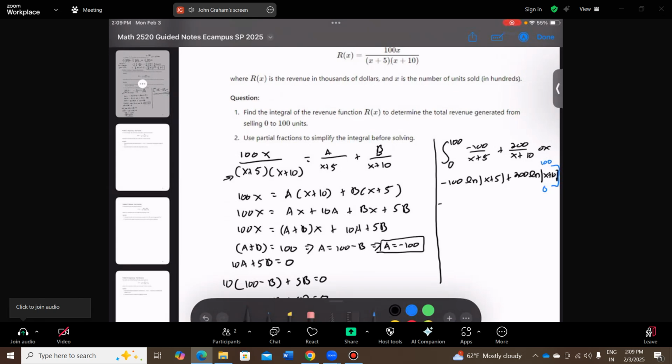So negative 100 natural log of 105 plus 200 natural log of 110 minus negative 100 natural log of 5 plus 200 natural log of 10.